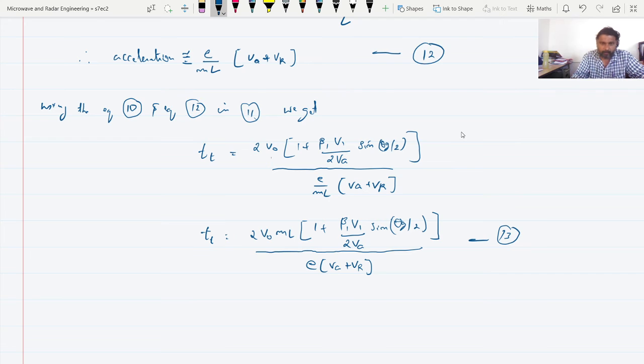Okay, 2 V naught ml (1 + beta 1 V1 / 2 Va) sin theta g by 2, divided by E into (Va plus Vr).